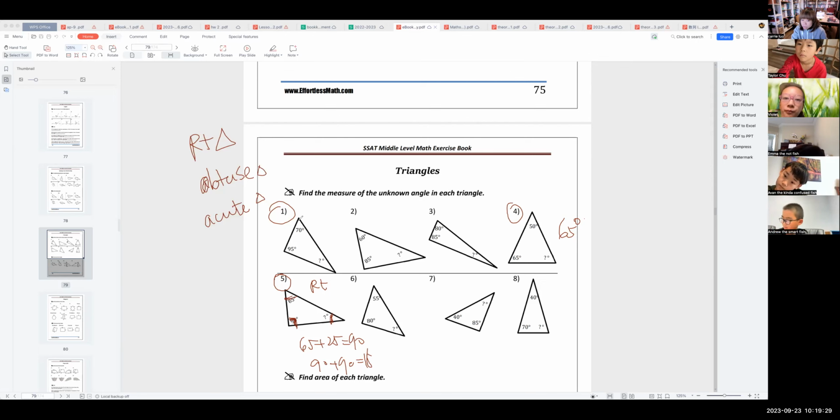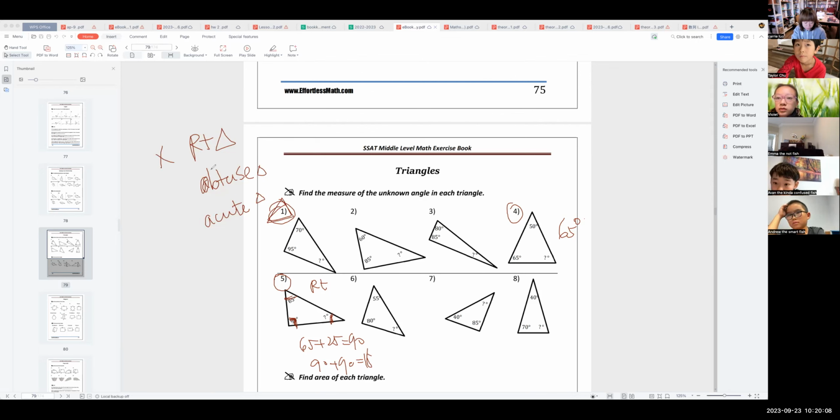No, I'm asking you about number 1. 这边有 right angle 吗？What is the definition of a right angle, Violet? 90 degrees. So do we have 90 degrees here? No. Okay, so it's not right, so it is obtuse.